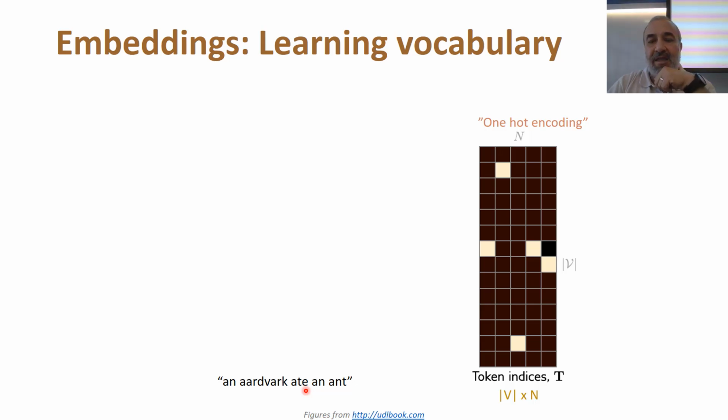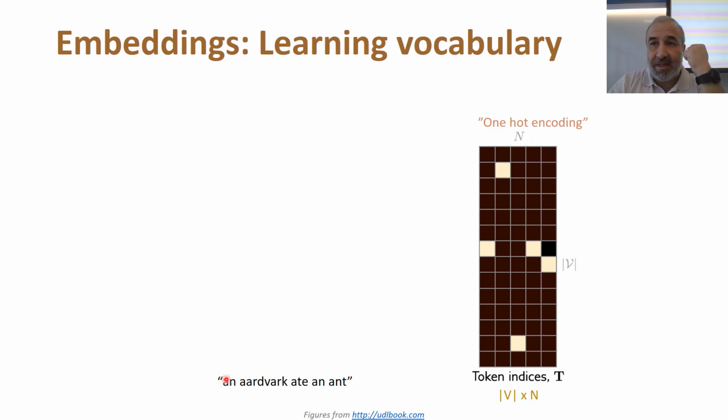Initially we will represent each of these tokens by a vector. We call it a one hot encoding vector. One hot encoding means that the vector will be all zeros except 1 in the position of the ID of the token. For example, this is 5 because we have 5 tokens here.